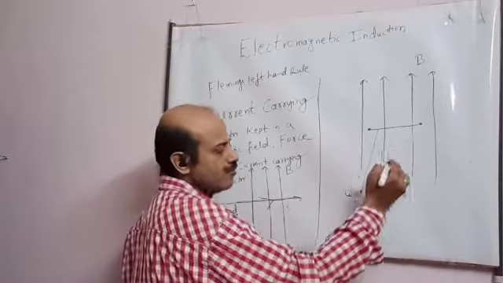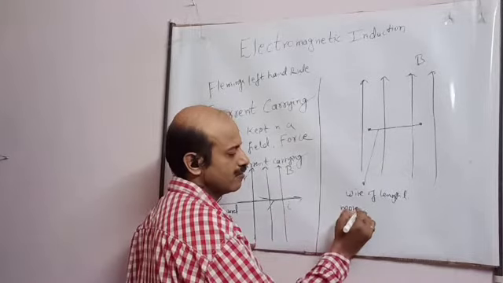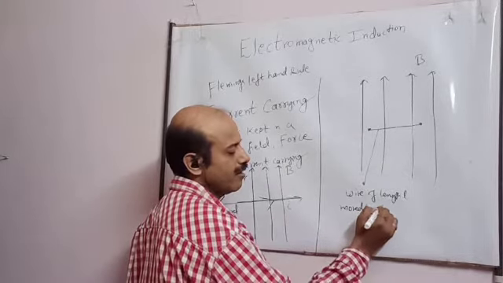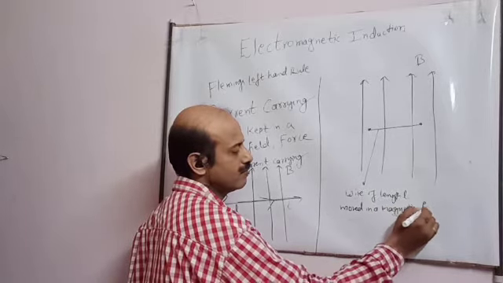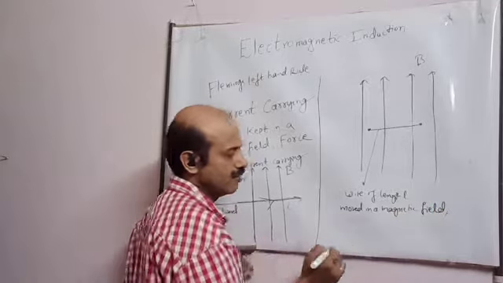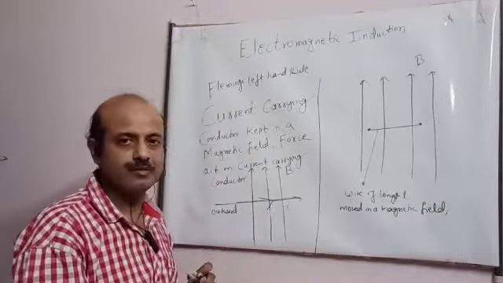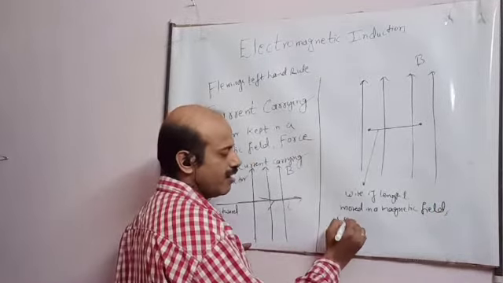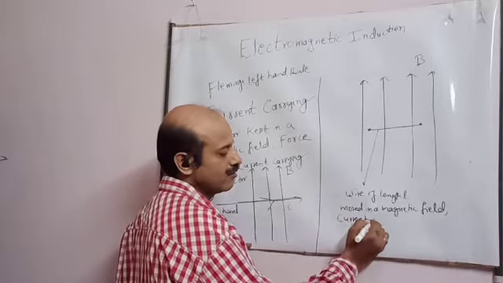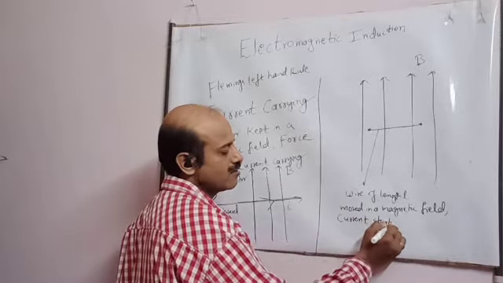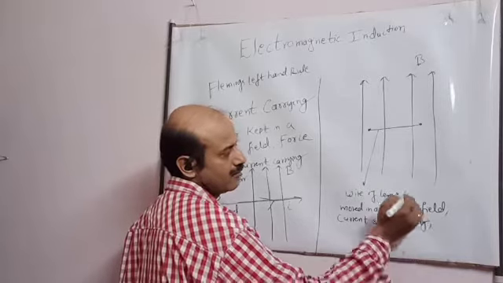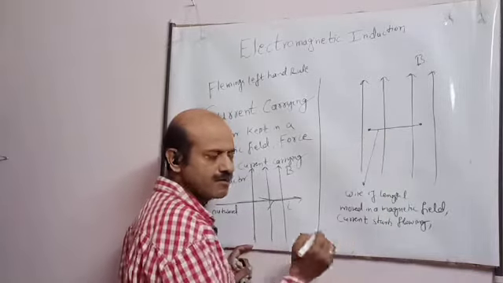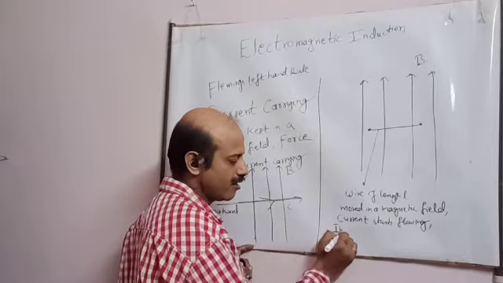This wire is moved in a magnetic field. Then, student, it is observed that if the circuit is closed, current starts flowing, known as induced current.